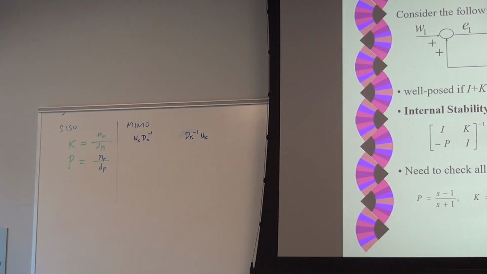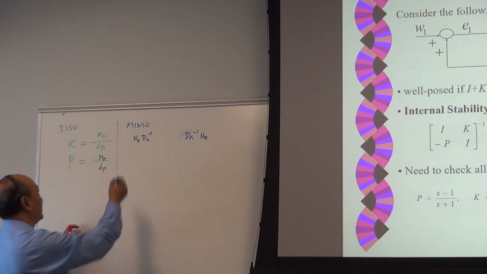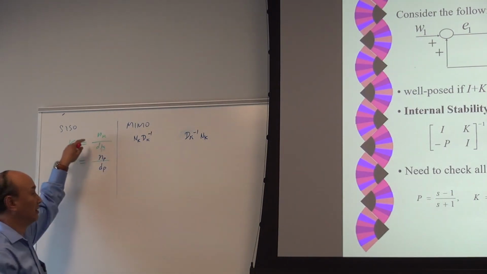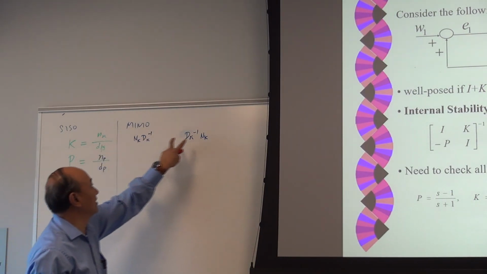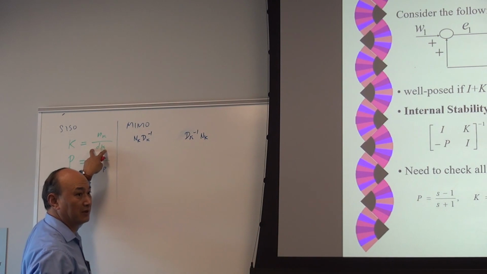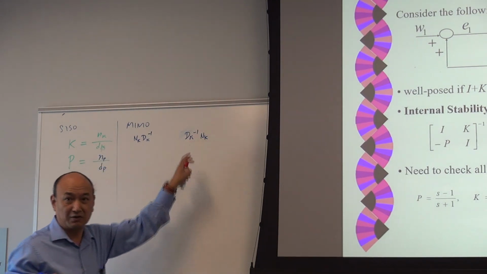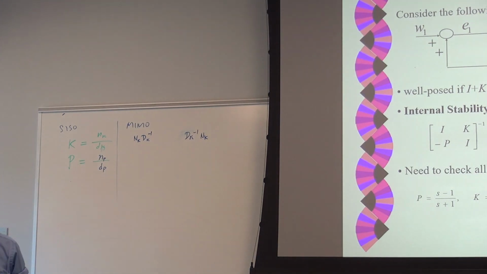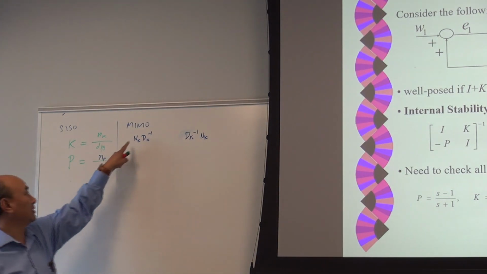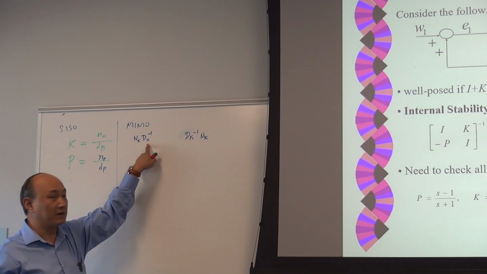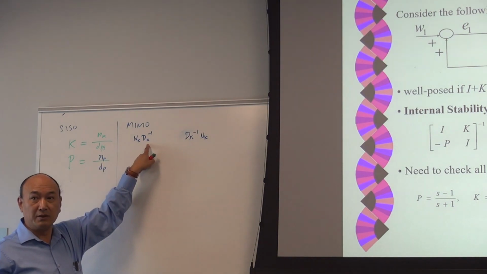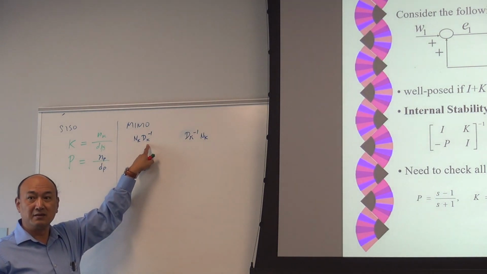So it's always possible. For the SISO case, these two are the same, but in the matrix form, they are different. So we need to be careful about factorization. This is a matrix, and this is also a matrix, so we need to think about this carefully.